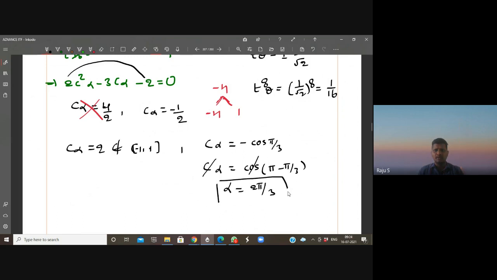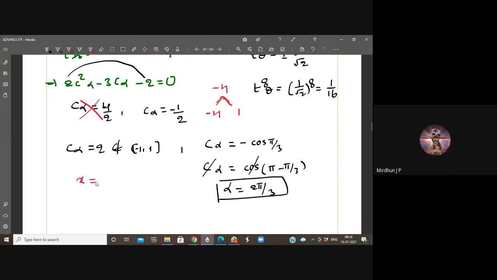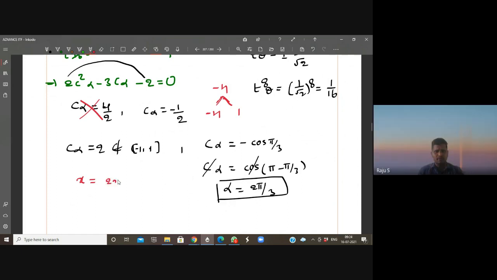So whenever it is 2 pi by 3, what is the general solution? x is 2n pi plus or minus 2 pi by 3. Yes, 2n pi plus or minus, am I right? In the same way, alpha is equal to 2n pi. Here we're getting 2 pi by 3, so plus or minus 2 pi by 3.